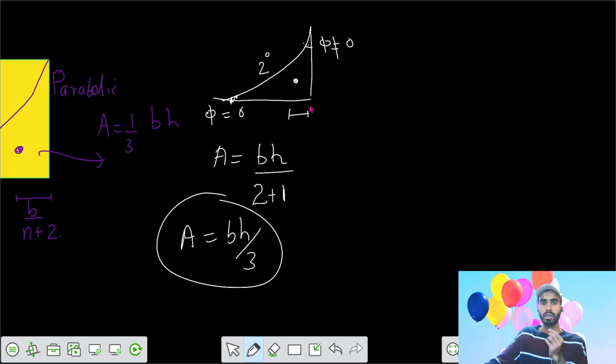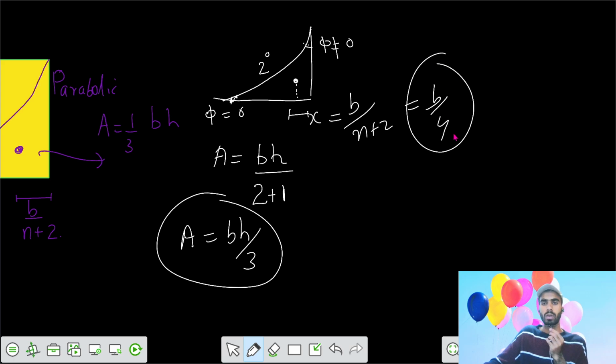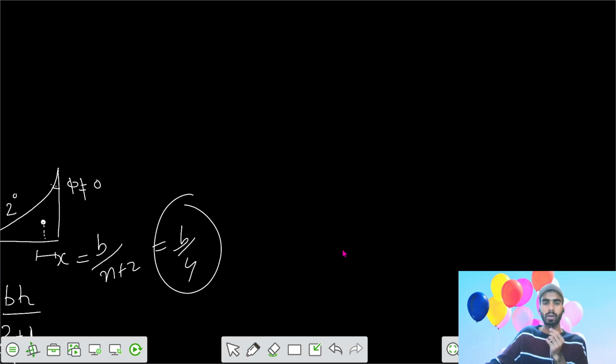And similarly, your centroid x equals b by n plus 2, that's b by 4. So these two values are very important for your next question.